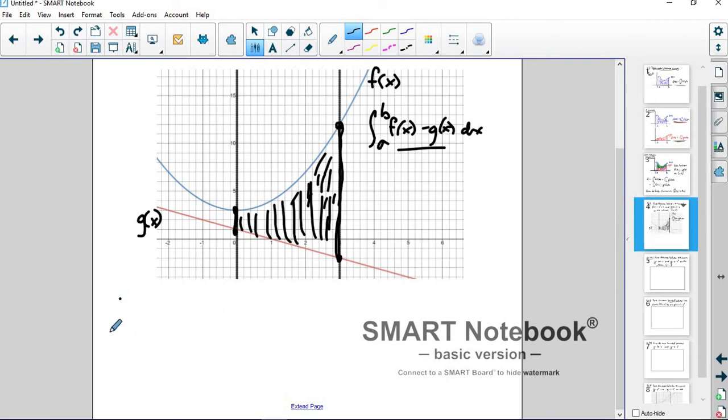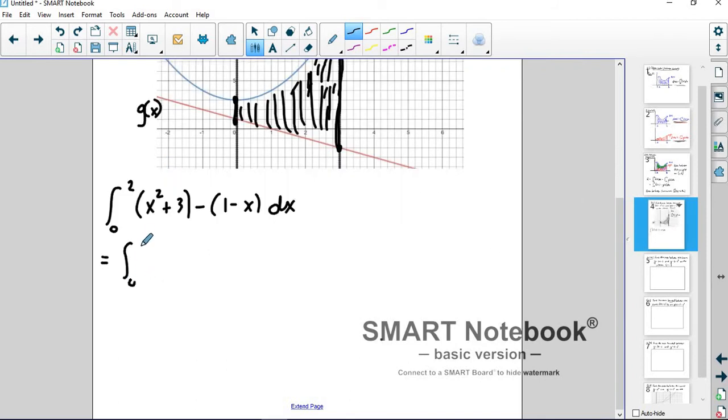So let's take a look at what that looks like. The integral from 0 to 2 of the top function, x squared plus 3, minus the bottom function, 1 minus x, dx. Before we do anything, we want to simplify inside the parentheses. We get x squared, 3 minus 1 is plus 2, minus negative x is plus x dx.